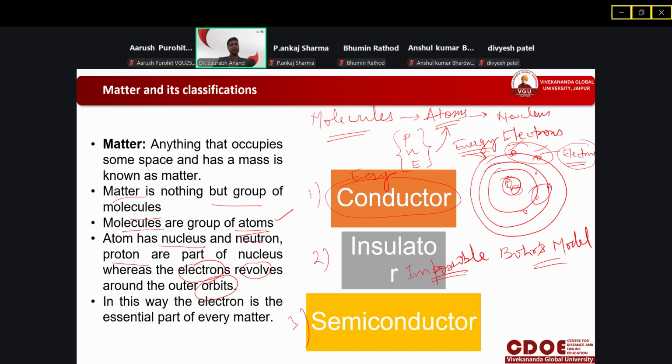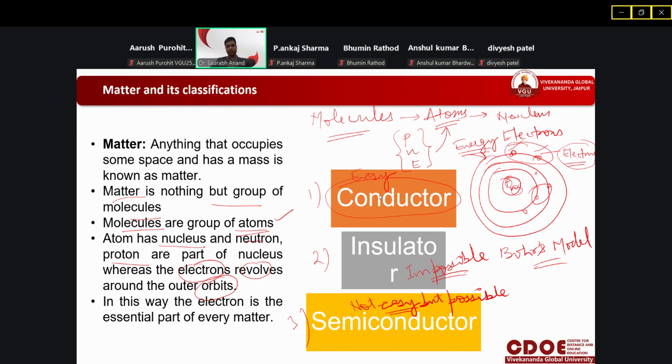So it is neither conductor nor insulator. It falls between both, right? The conduction is not easy, but possible. Are you getting it?